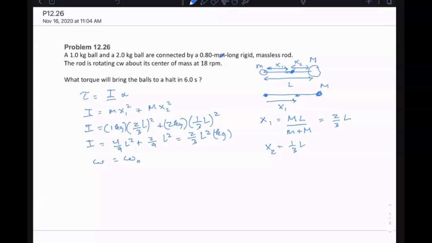And this is coming to rest, so the final angular velocity is 0. And omega naught is equal to minus alpha t. So that tells us that alpha is equal to minus omega naught over t.